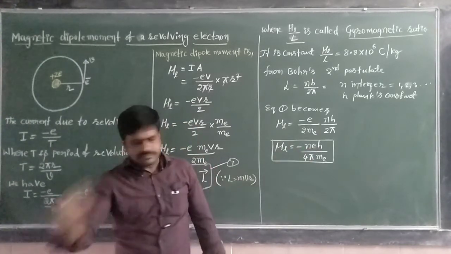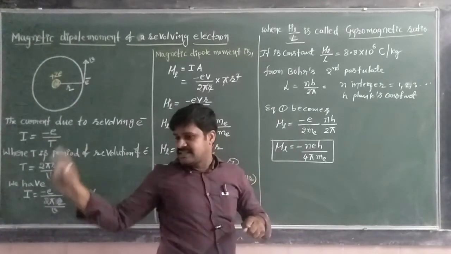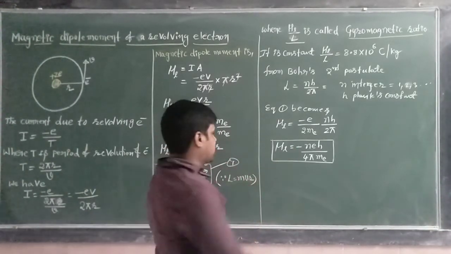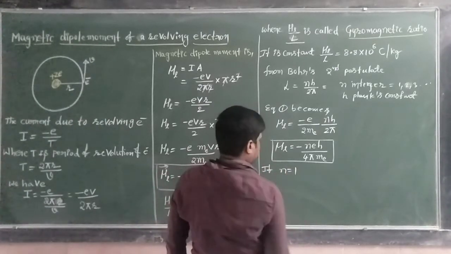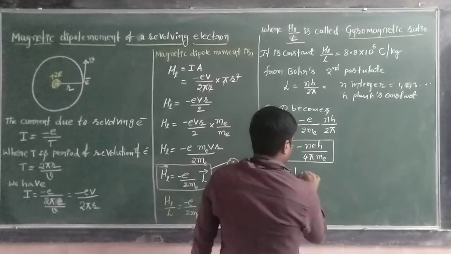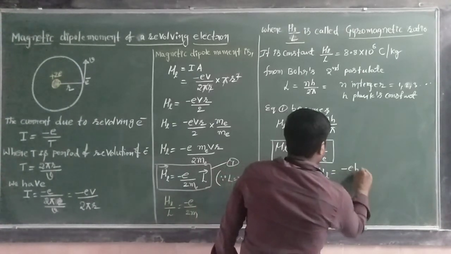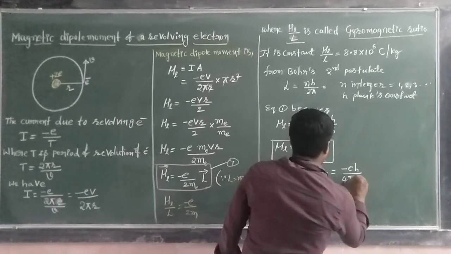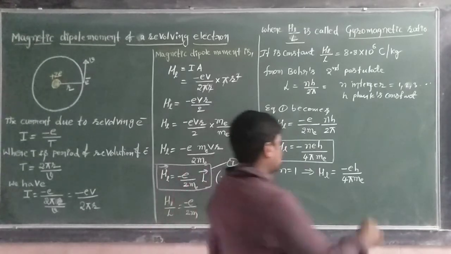Now if you take n is equal to 1, then the mu L value becomes minus e h divided by 4 pi into m e.